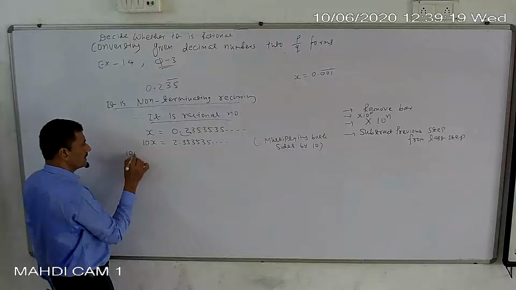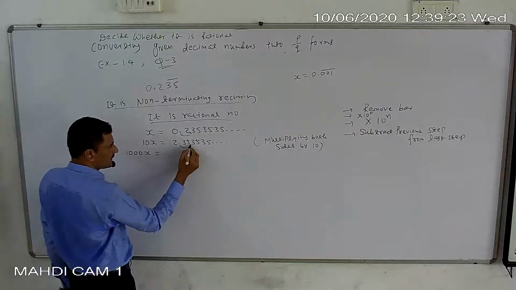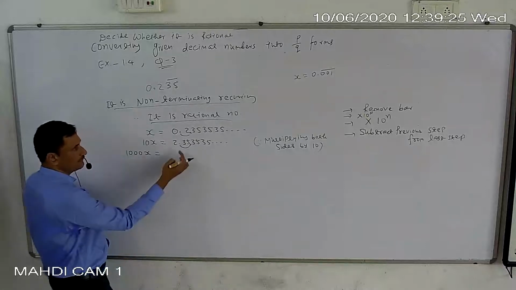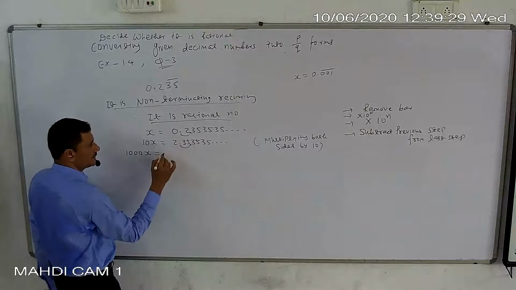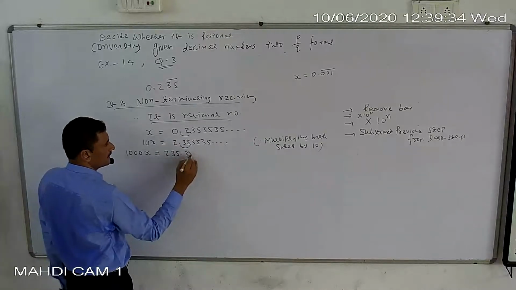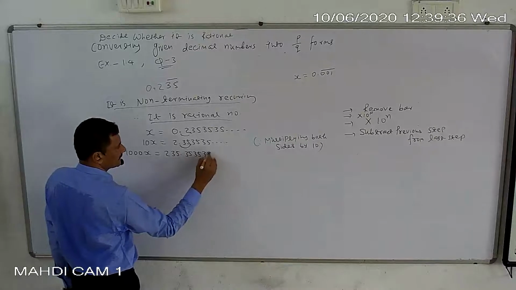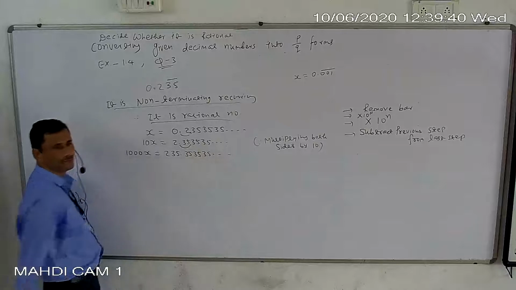So 100 into 10, 1000x is equal to, now 2 steps ahead. Why? We are multiplying both sides by 100, so the point will come here only. So 353535 like this. I have placed one extra 35 so that parity comes here.